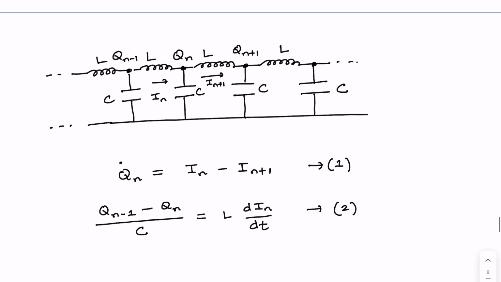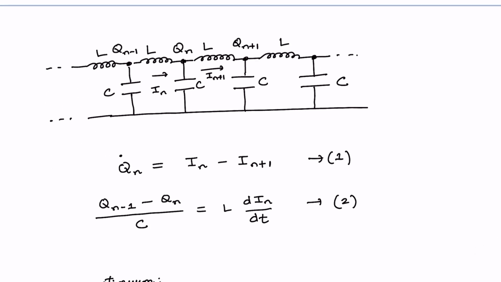So we have this circuit model here. There are many nodes here. In the nth node, let's say the charge is Qn, in the node before it the charge is Qn minus 1, and in the n plus 1th node the charge is Qn plus 1.